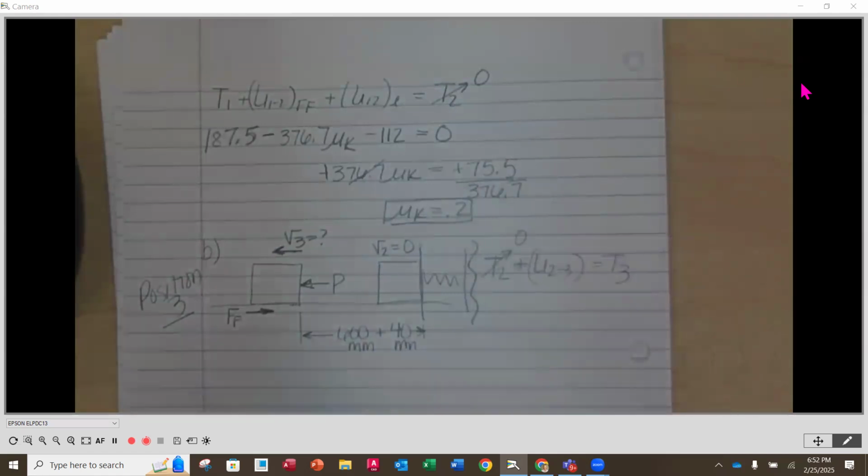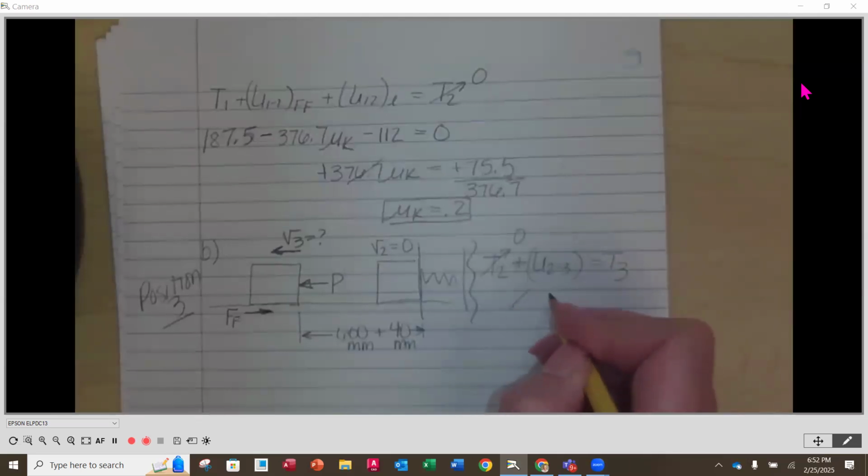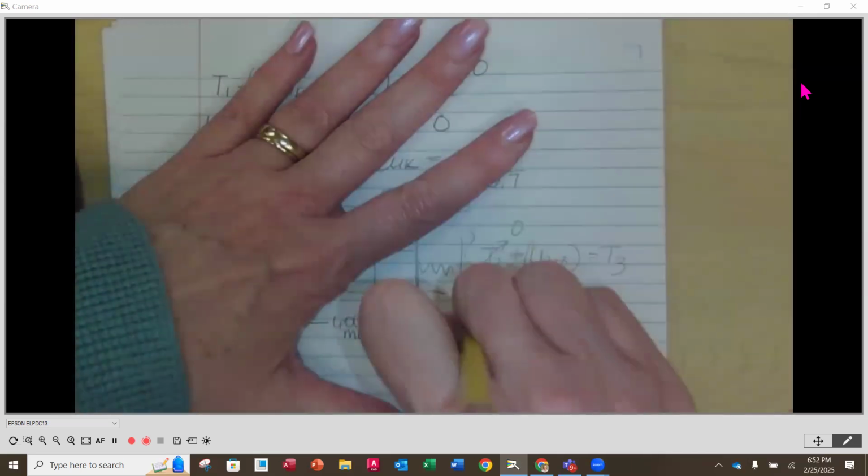We also know that when it went from 1 to 2, there was friction force work and there was also elastic work. Those are present again, so we are going to expand this.